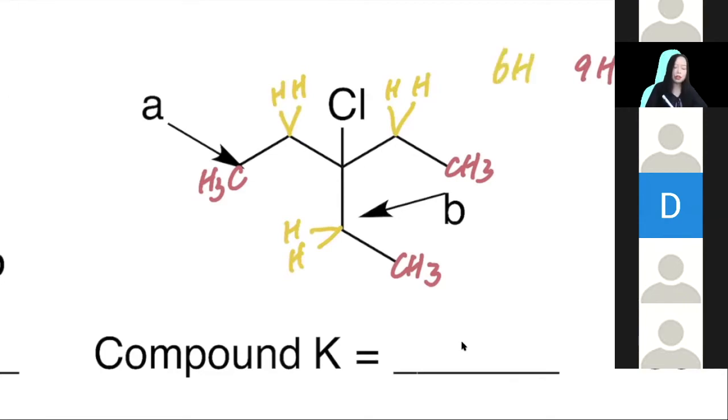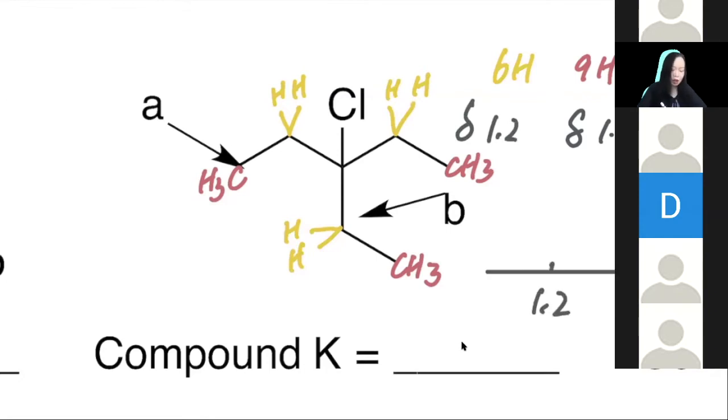The peak that you're going to see on the NMR spectrum is at a shift of, let's say, 1.0 ppm. And the shift for the 6 protons is going to be 1.2 ppm, just for now. I'm expecting to see a peak with 9 protons and a peak with 6 protons. So it's asking you for the ratio.